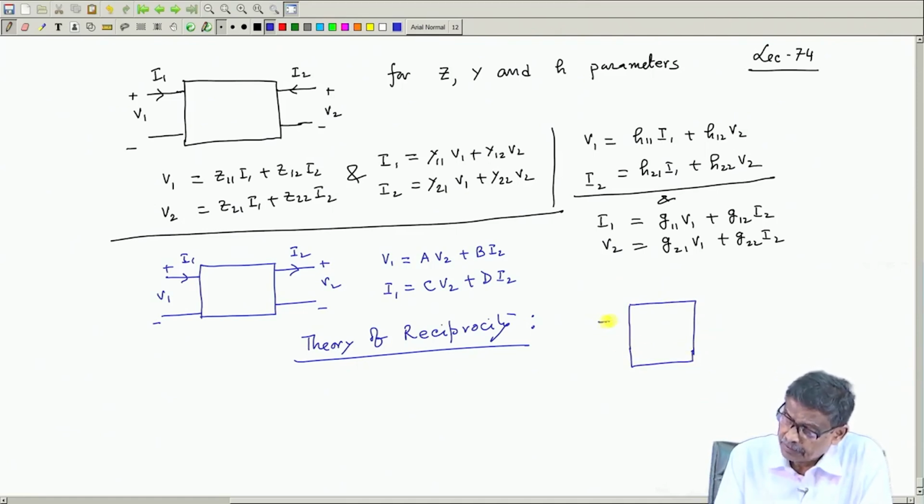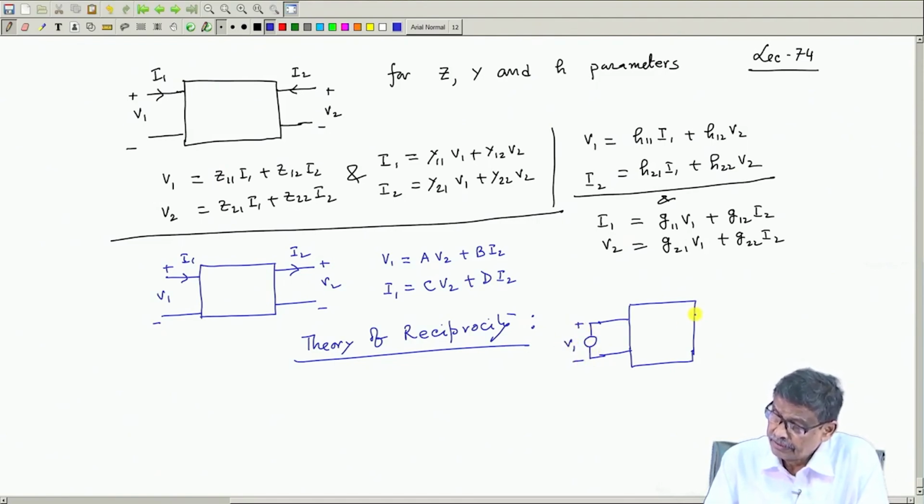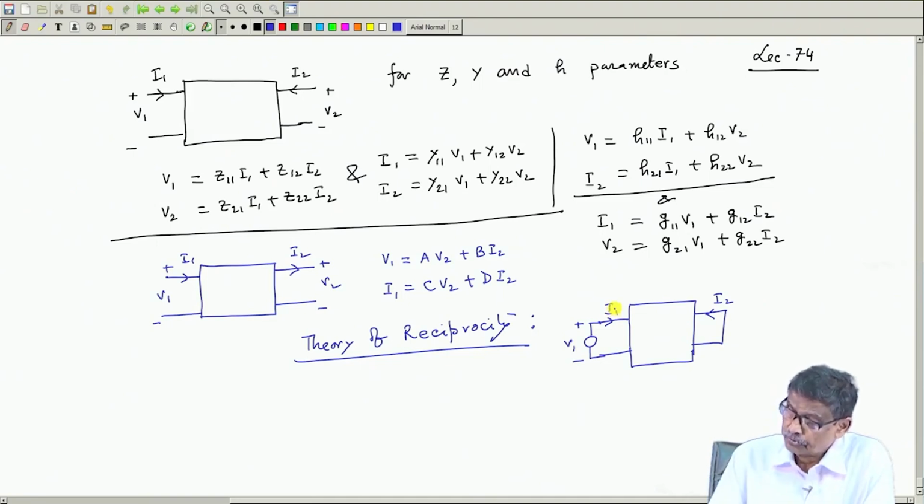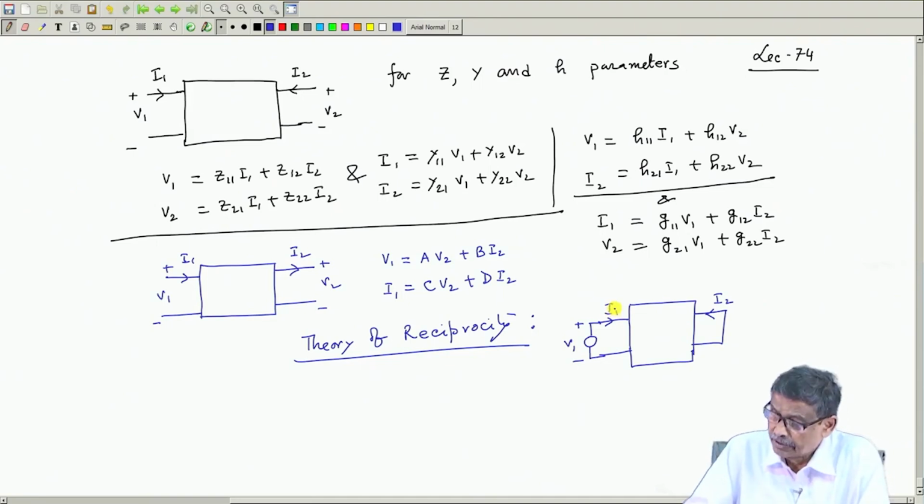then if you apply across this port some voltage V1, and short the other terminals, and the currents are like this, I2, I1, you do one case like this: apply voltage, output terminal shorted.